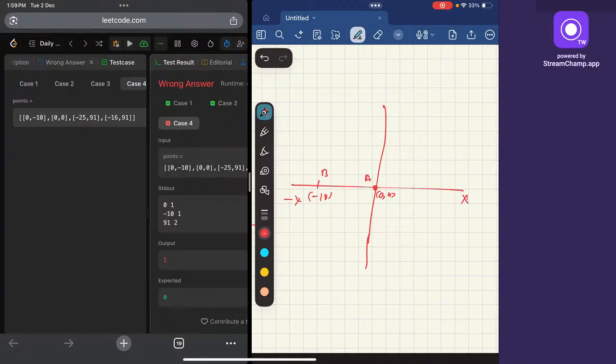Minus 25 here, minus 16, sorry, minus 16 here, assume minus 16, so they will point to here and here. This will be CD. One side is parallel, right?